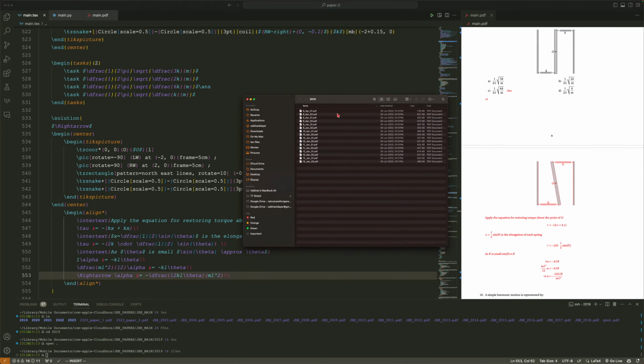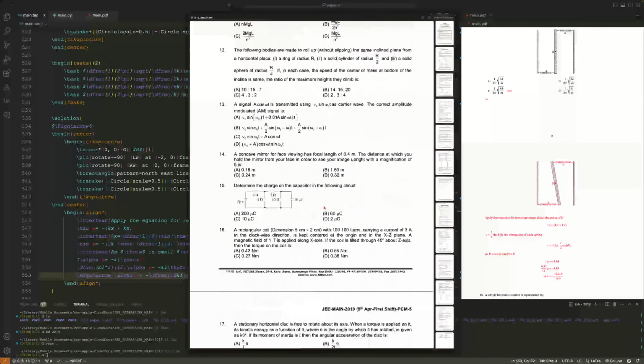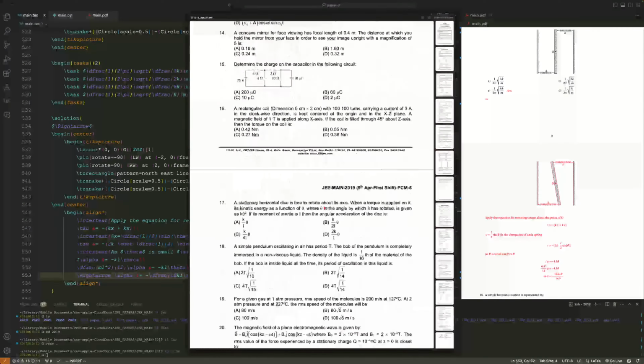Somewhere I saw this problem, I don't know where, but I saw it.